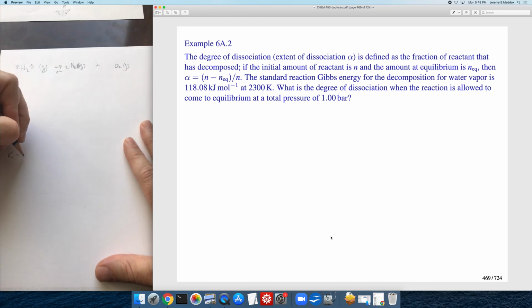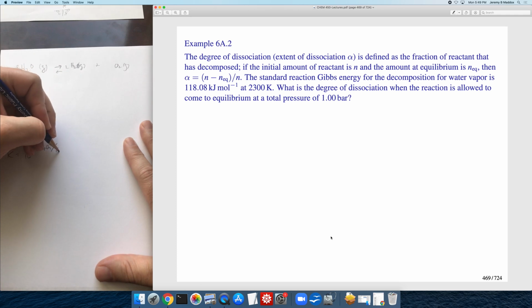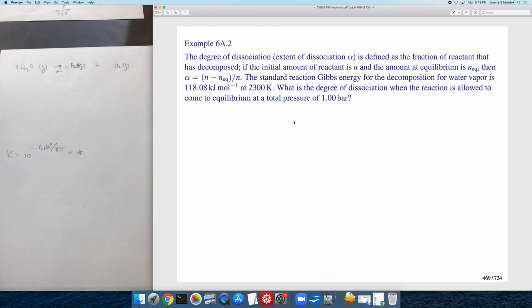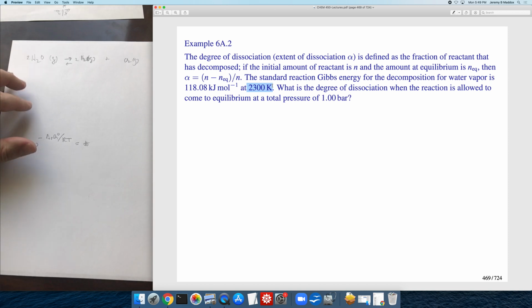So K will be equal to 10 to the minus the standard Gibbs energy of the reaction, which is given, divided by RT. That is going to be some number based upon this value and that temperature. So we know how to do that part already.